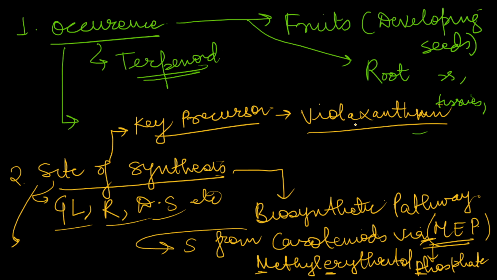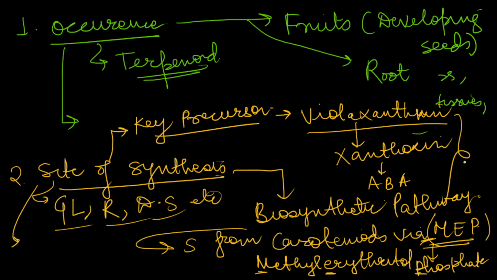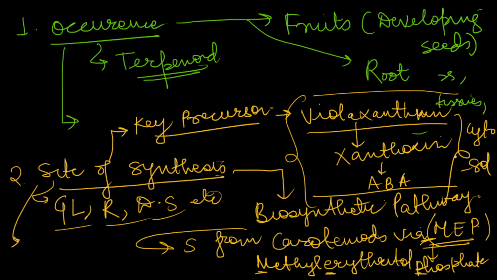This is converted into xanthoxin, and this xanthoxin is finally converted into ABA. This conversion takes place in the cytosol. All these things will be difficult to remember, but still do write it, because if you remember this and write it in the exam, you will fetch some extra marks. If you forget, just remember the MEP pathway. That would be enough. And the site of synthesis is green leaves, roots, and developing seeds. This you must write.